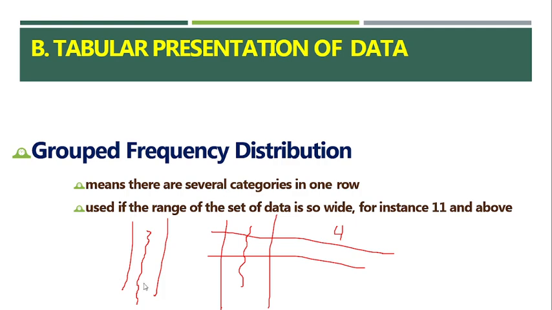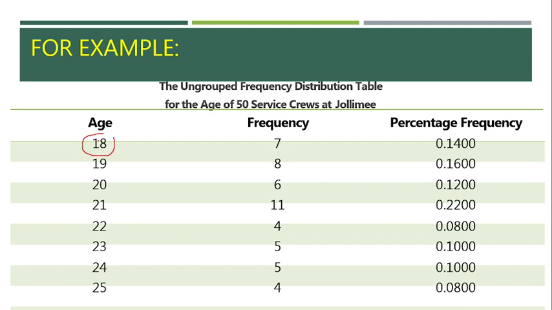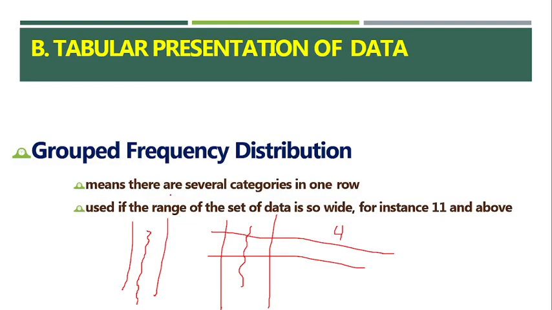For example, when you have 18, you only have 7. But when we are in group already, it will not simply be 7 because you are classifying not just 18 but maybe also 19, 20 in just one row. Because there is an interval.